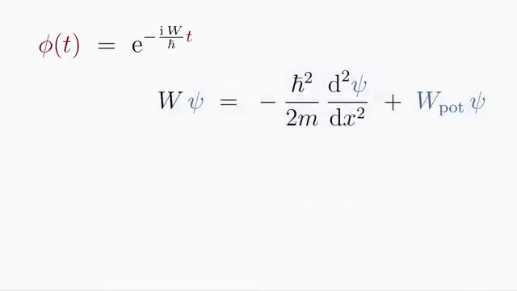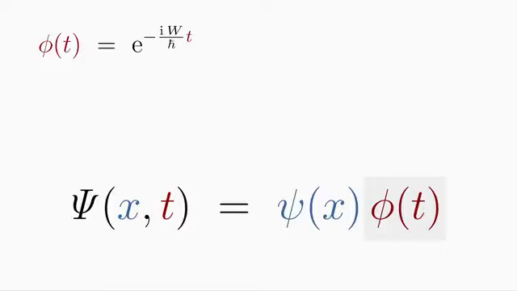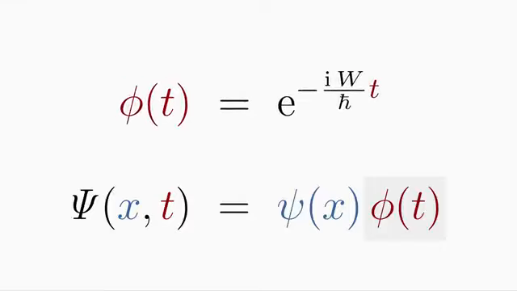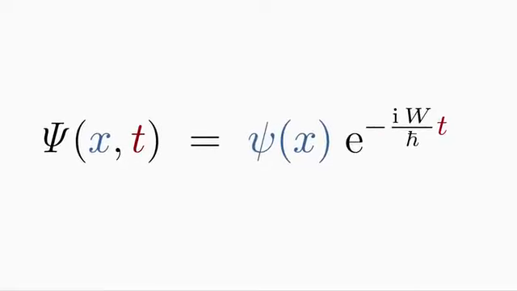This way you only get the space-dependent part psi of the total wave function. But if you look at the separation ansatz, you just have to multiply the space-dependent part psi with the time-dependent part phi to get the total wave function. And for phi you have found that it is an exponential function. And this time-dependent part is the same for all separable wave functions you will encounter.